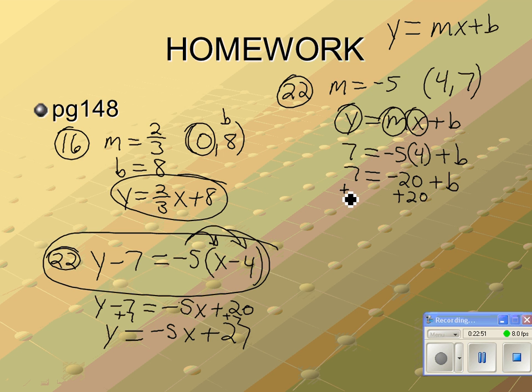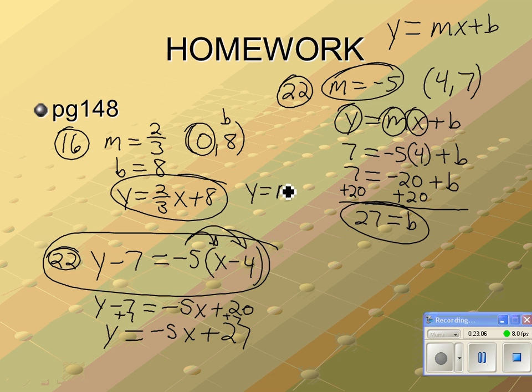Add 20 to both sides. You end up with b equals 27. So now I know b is 27, m is -5. This is the part that I think is confusing to a lot of students, because now we have to go back and plug into that y equals mx plus b form. But this time, where do we plug in?